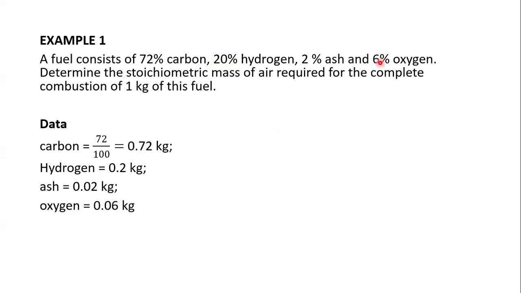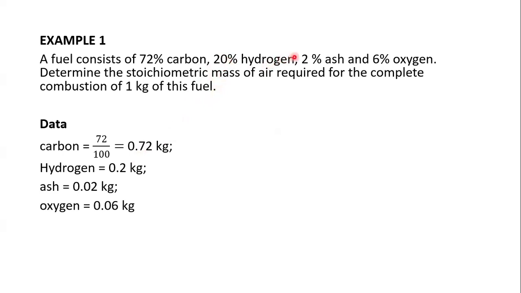Let me go through this again. We're saying that this 1 kg, which has been mentioned here, is what they are sharing according to those percentages. Because 100% is 1. So how do we share the 1? We follow this. The first one being 72 over 100, which is 0.72. Followed by 20 over 100, which is 0.2.